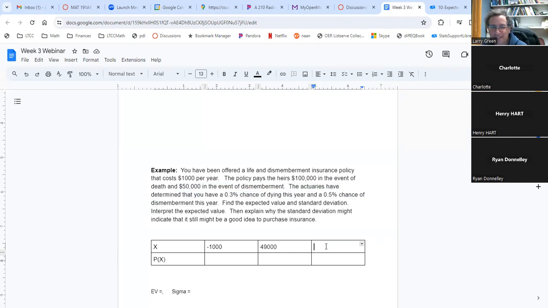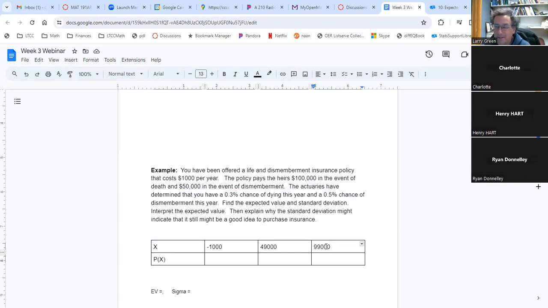One more thing that can happen in terms of the profit. And what's the X value? Death it is, but what is the X value? Yeah, 99,000. Because that means that the heirs get 100,000, and 1,000 was paid to the insurance company.